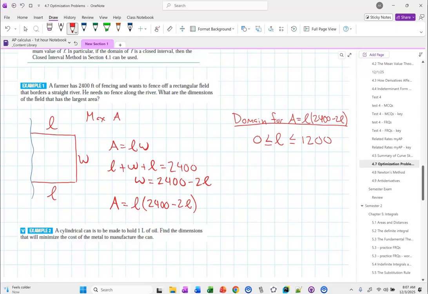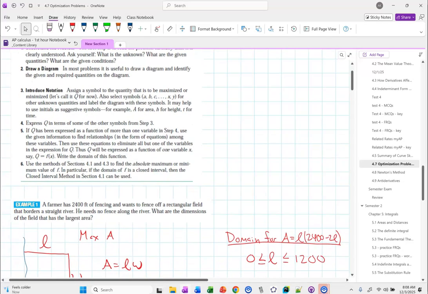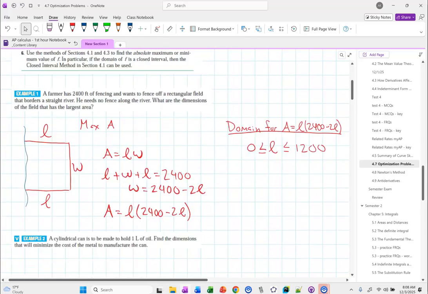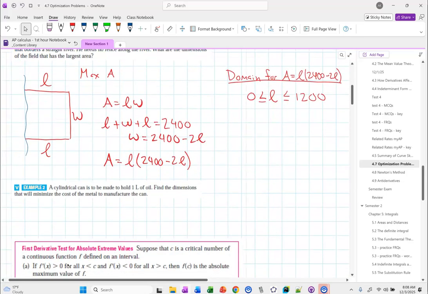So now we're all the way through step 5, right? So step 6 says use the methods from section 4.1 and 4.3 to find the absolute minima or maxima, whichever is desired here. So notice that the domain here is a closed interval. So I'm going to use the closed interval method.